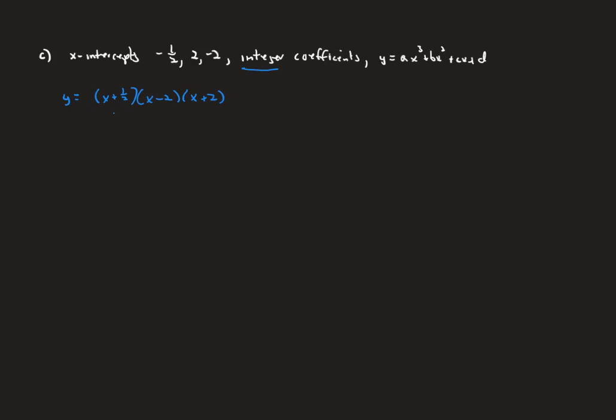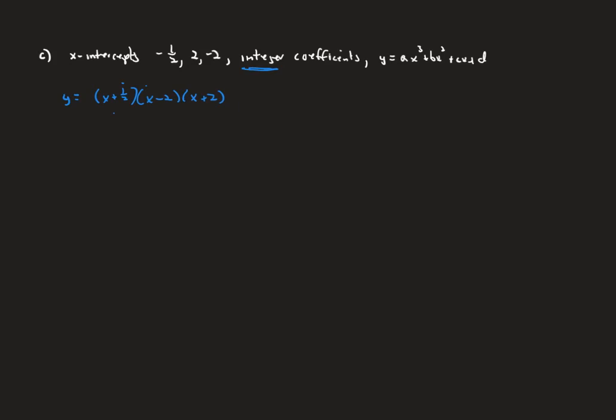So when we look at this, if I multiply this all out, this 1/2 is going to multiply some of these other x's, and they're going to end up giving me a polynomial that has coefficients that are not integers.